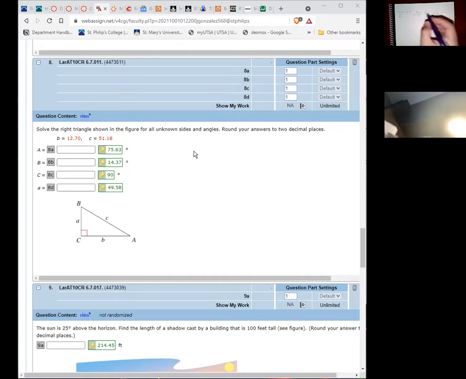We don't know capital A. We do not know capital B. We do have the right angle of 90.